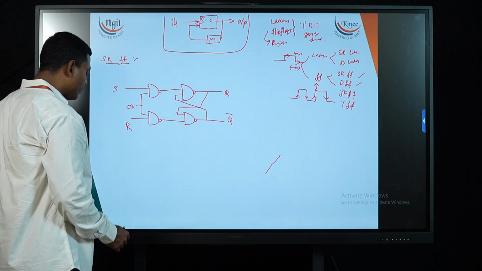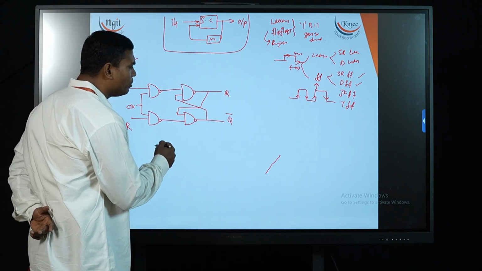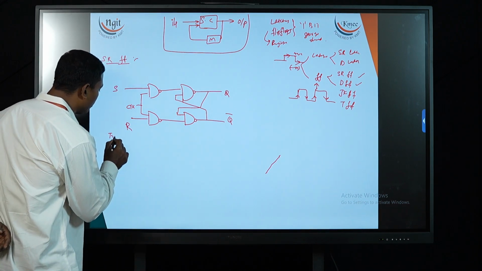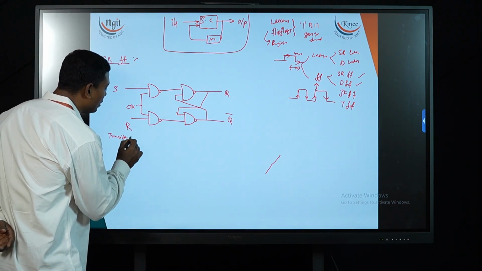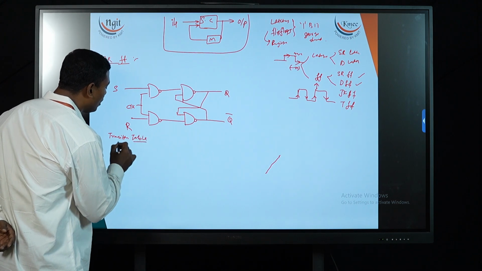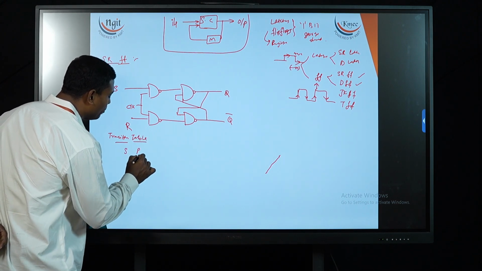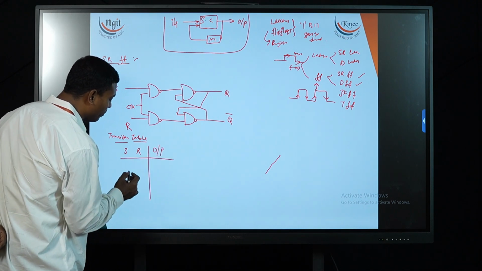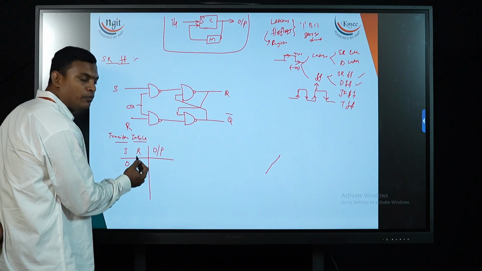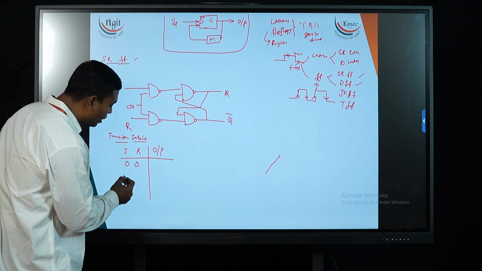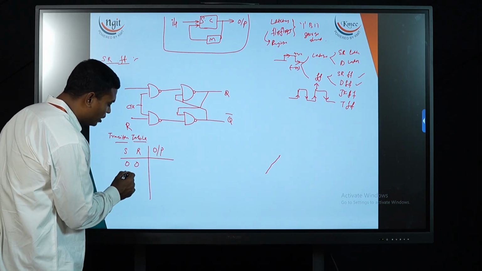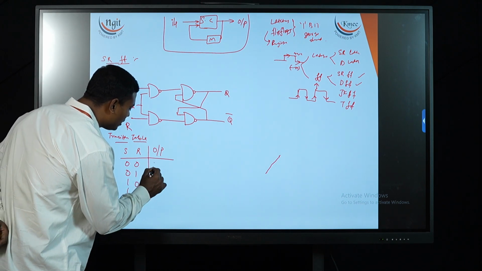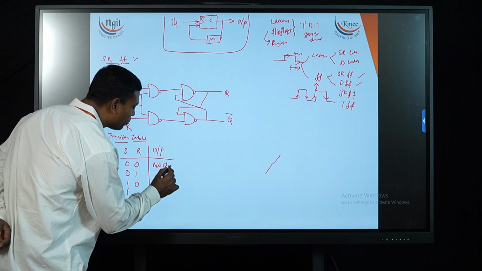Now how are the transitions happening in the SR flip-flop? Let's see the transition table. The transition table shows for what inputs my circuit behaves in what way and how the outputs change. There are two input variables, so I have 4 combinations: 0 0, 0 1, 1 0, 1 1. For 0 0 it is no change, meaning my output will not change.